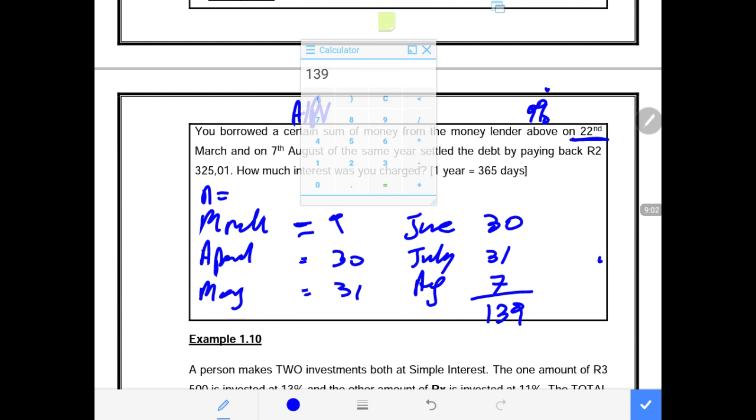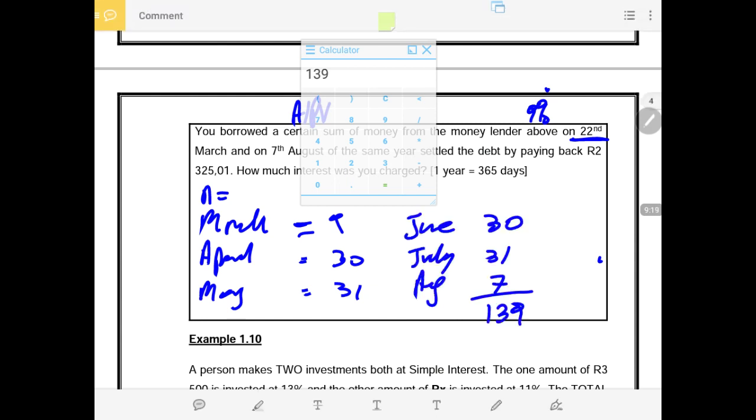So we will have to convert this into an annual equivalent, because our interest is not per month, not per day, it is per annum. Now we have 139 days. Let me just verify that. 31 minus 22 equals 9. April is 30 days.